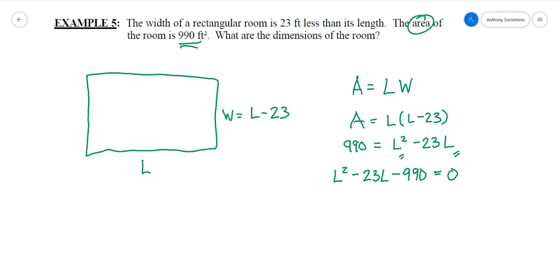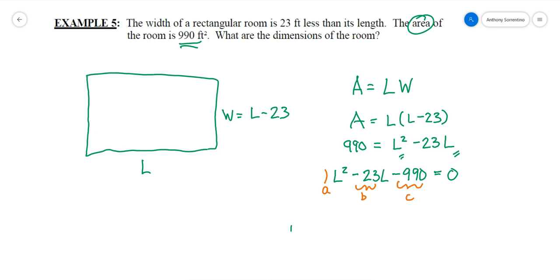Along with that, I'm going to use the quadratic formula, recognizing that I have a 1 here, this is B, and this is C. Again, a lot of people tend to shy away from completing the square, and if you want to do it that way, you're welcome to it. Nothing wrong with it.